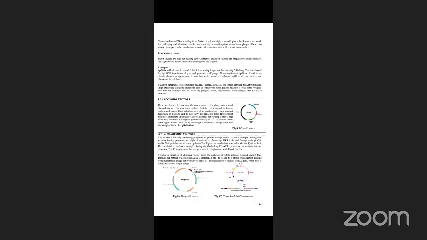Once you have introduced the recombinant DNA, it is not 100% that every bacteriophage will get the recombinant DNA, so the selection process has to be done. The two vectors have polylinkers with reverse orders of restriction sites with respect to each other. That is called insertion lambda vectors, which are used for making cDNA libraries.